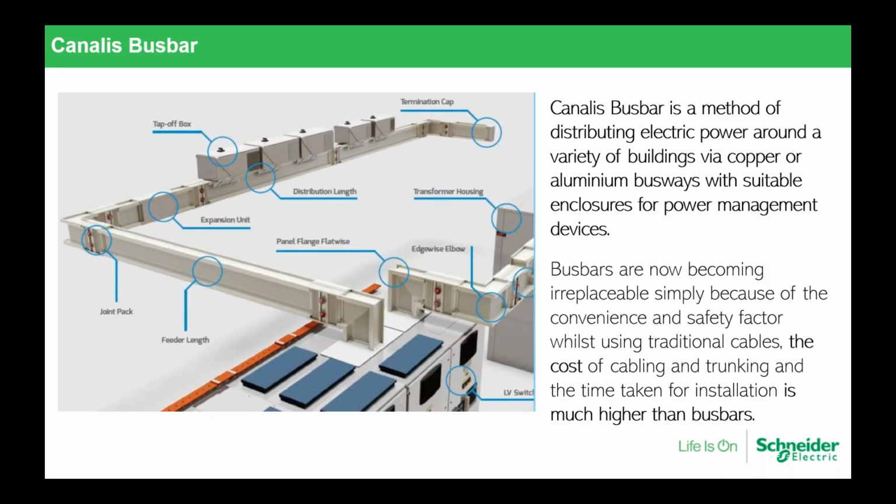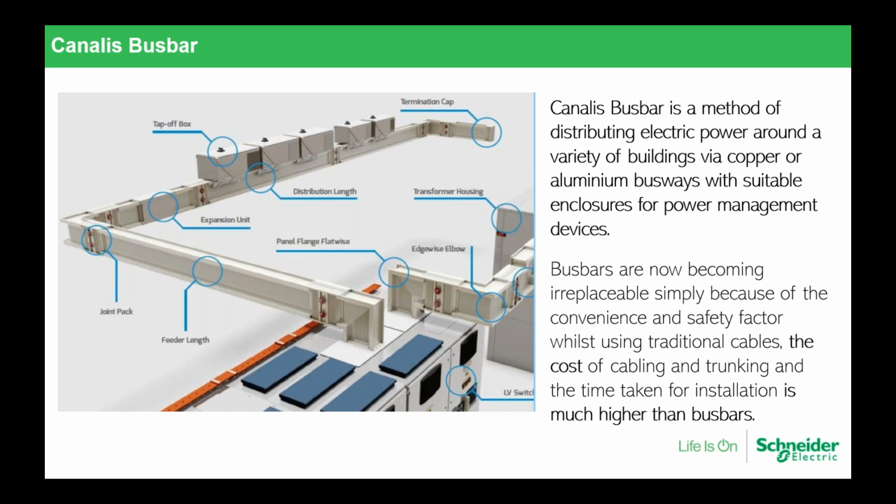So Canalis Busbar, or the Busbar trunking system, is the Canalis offer at Schneider Electric. It's an alternative way of distributing electrical power. We know, and have for so many years, the cables that we use in every application to distribute electrical power.